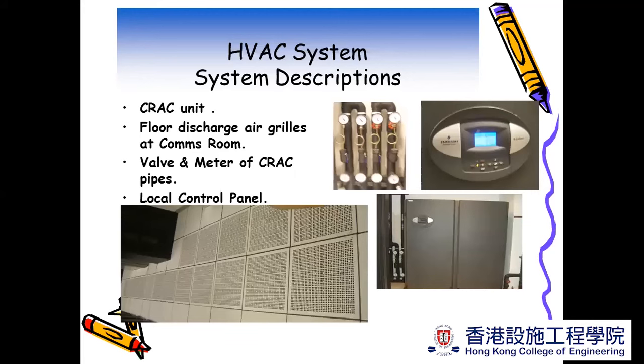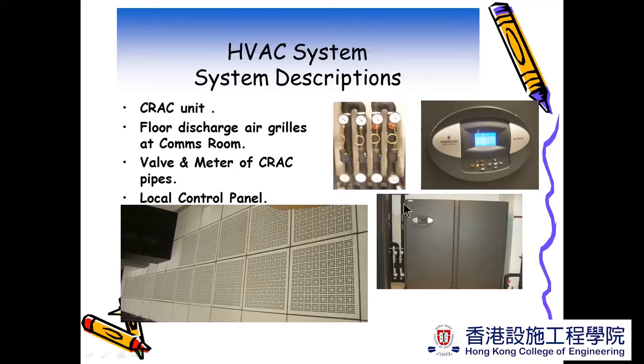Now you see the CRAC unit here. We are just taking an Emerson unit, but in fact you can use any unit you want. And in the old days, we always used the raised floor. See the raised floor here with some floor discharge air grills, and a console. And there are some valves and meters on the CRAC unit pipes, right?